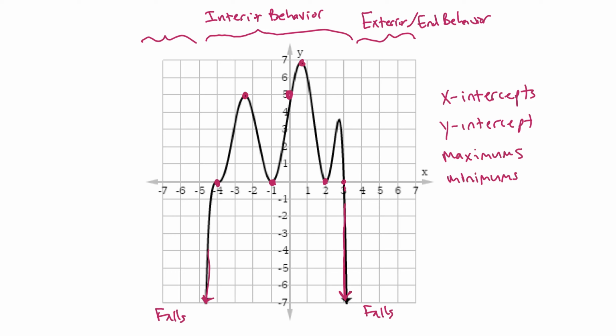Once all of that is determined, then beyond that, the polynomial will exhibit end behavior, either rising for the rest of its domain or falling. Keep in mind when we graph a polynomial, the maximum number of x-intercepts an nth degree polynomial can have will be n, and we will always have exactly one y-intercept. So this is a basic introduction to polynomial graphs.